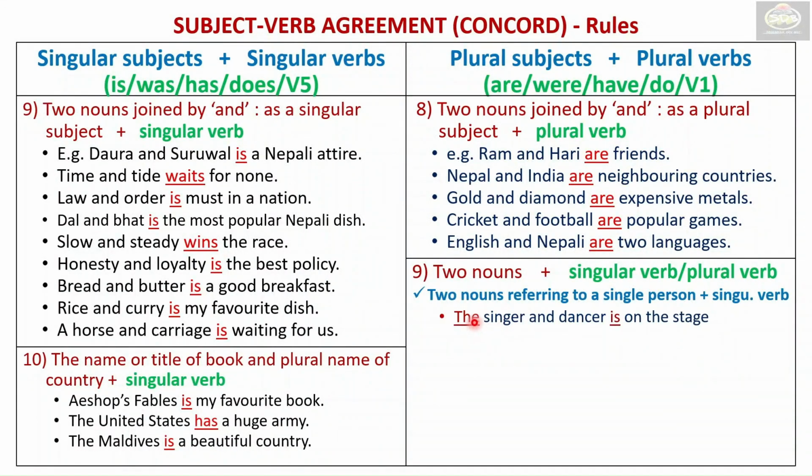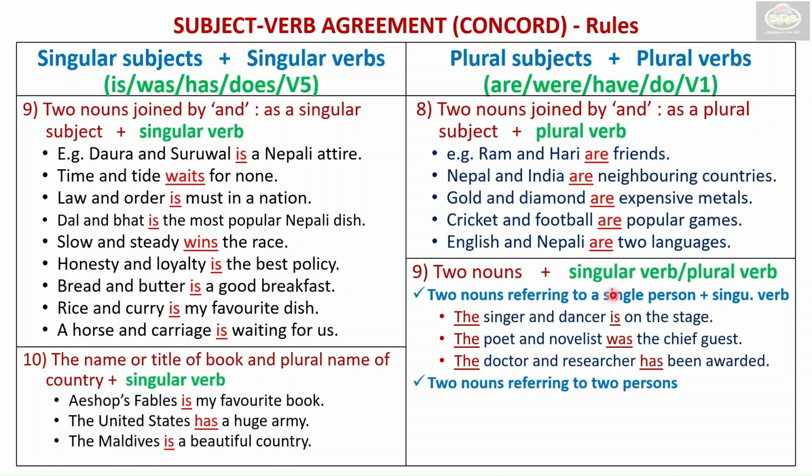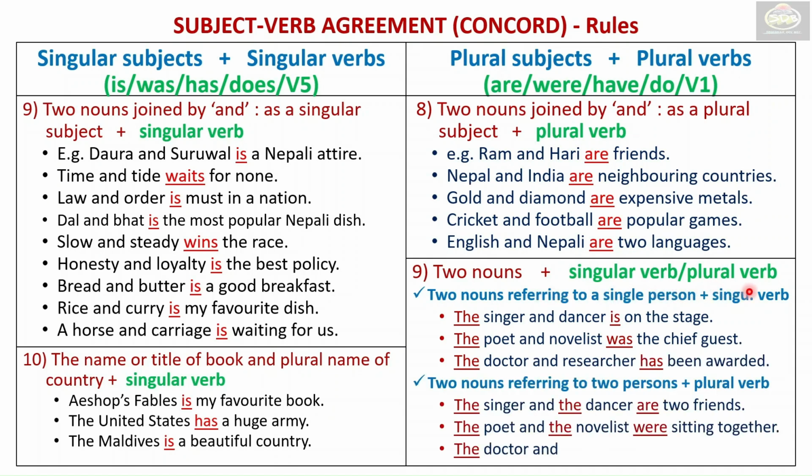Another one: two nouns plus a singular verb or plural verb. There is "and," but we have to consider the number of "the" used there. First of all, let's observe the two nouns that refer to a single person. There are two nouns, but they refer to a single person in this case.